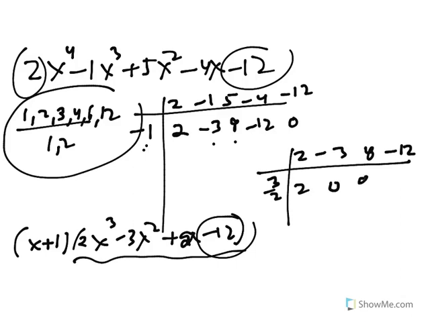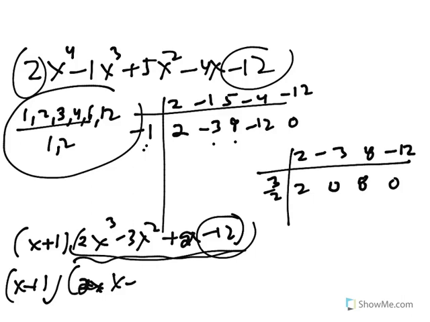You would get 8 here. 8 times 3 over 2 is 12. You get 0 there. So that would mean that this 2x cubed thing could be factored into x minus 3 halves times 2x squared plus 8.